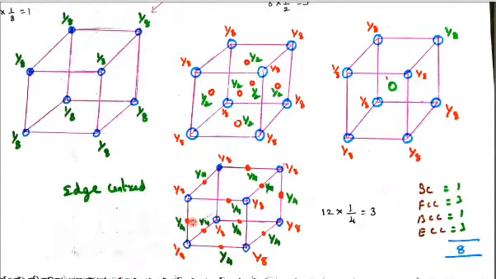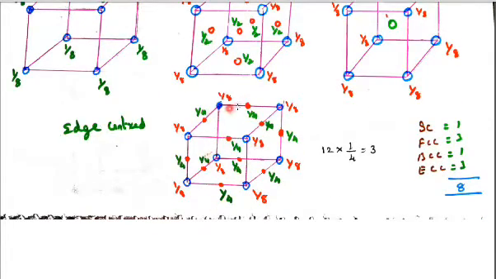Here also 1 by 4, and here I have missed one. 1, 2, 3, 4 for this face, then 1, 2, 3, 4 for this face, 1, 2, 3, 4 for this face. So 4 edges, and totally we have 1, 2, 3, up to 12.